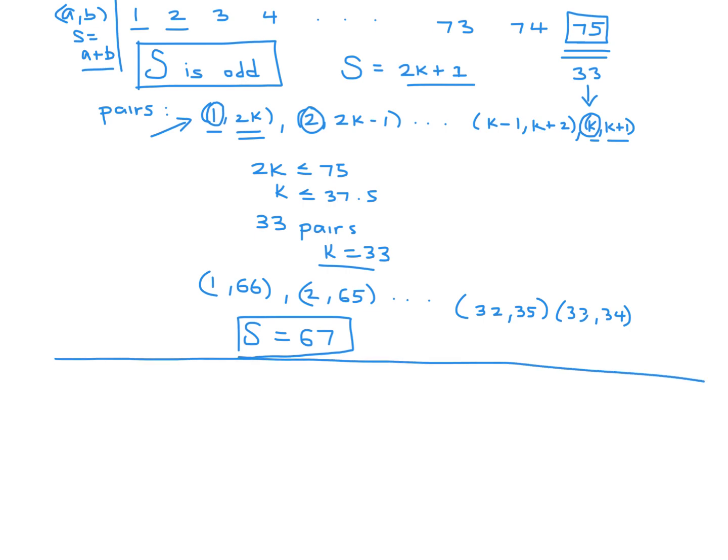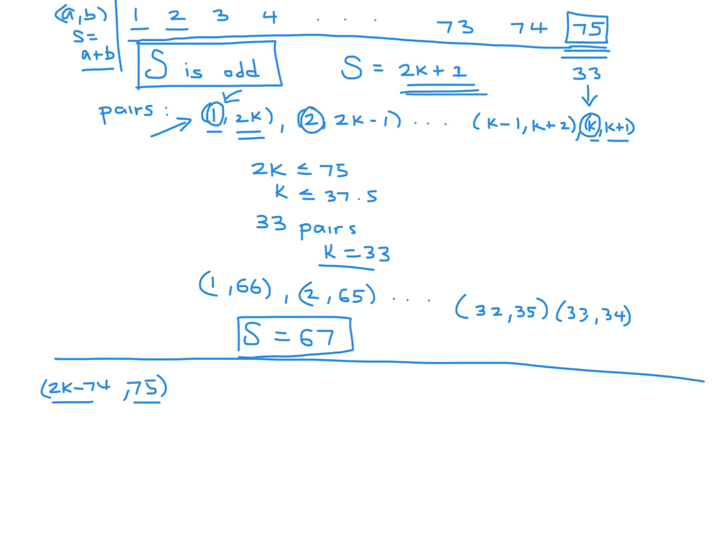The other way: you see here we started with 1, on the left side of the numbered cards. This time I'm going to start on the other side. At the very beginning, I'm going to pair up 75 with something. Keeping in mind that the sum still has to be 2k plus 1, this card has to be 2k minus 74, so that adding them gives 2k plus 1.